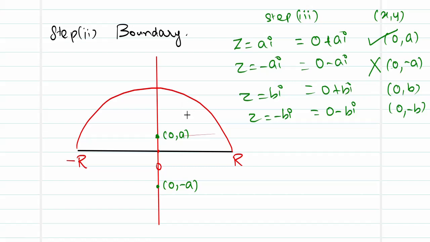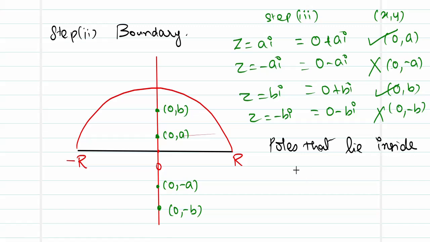Next 0 comma b, say b is any positive number. So 0 comma b also lies inside the semicircle above the real axis. And now 0 comma minus b will be something below it, so this lies outside. So I see that out of the 4 poles, the two poles that lie inside are z equal to ai and z equal to bi.